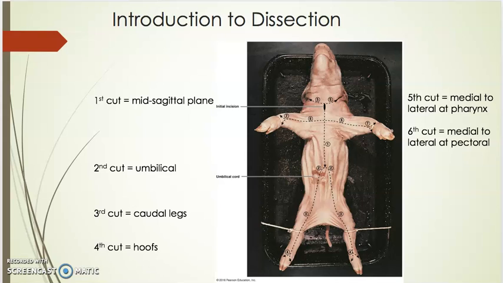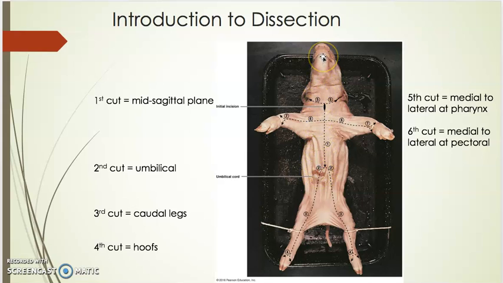So for the first cut that you will see in the dissection video, you will see a mid-sagittal planar cut that goes down the ventral side. Remember, the sagittal plane divides the animal into right and left sides. Well, that's what's happening here.